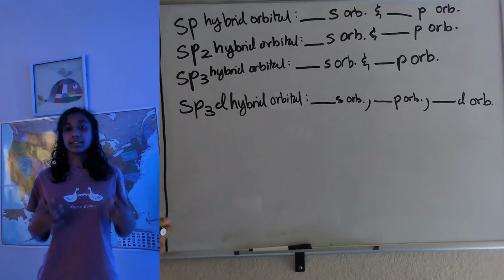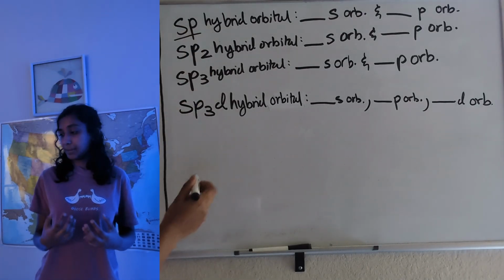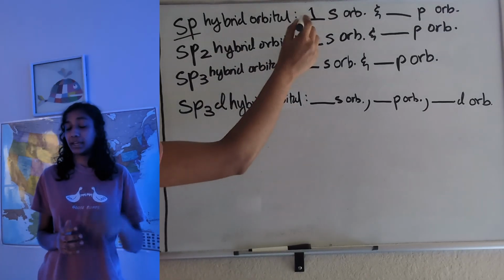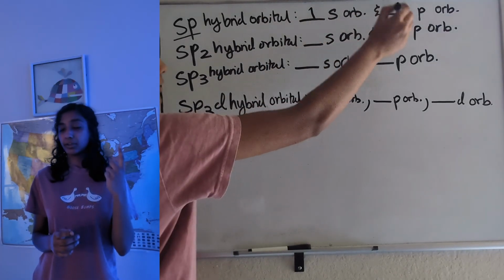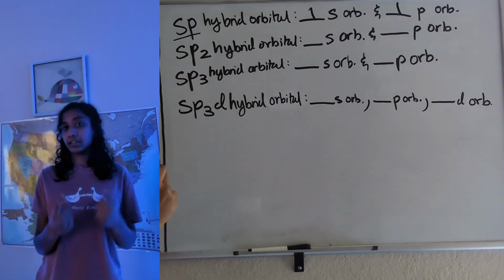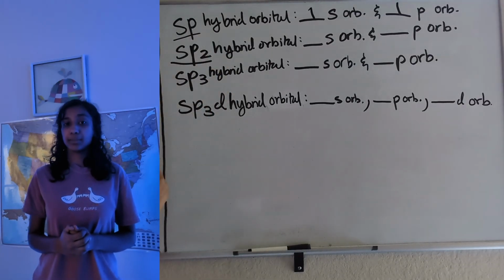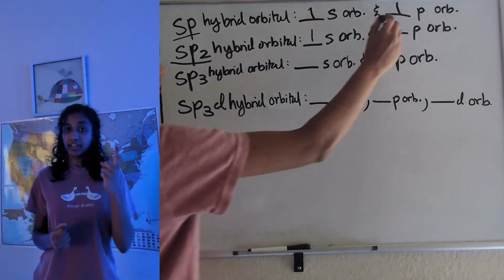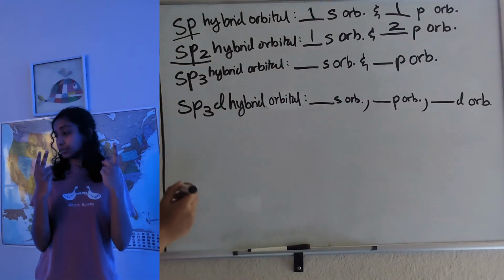The central atom can then share those electrons with the atoms bonded to it, filling up those orbitals and creating a bond. There are different types of hybridized orbitals based on how many s, p, or d orbitals are in them. A central atom with sp hybridization, for example, has 1 hybrid orbital made from a single s orbital and a single p orbital. A central atom with sp2 hybridization has a hybrid orbital made from 1 s orbital and 2 p orbitals.